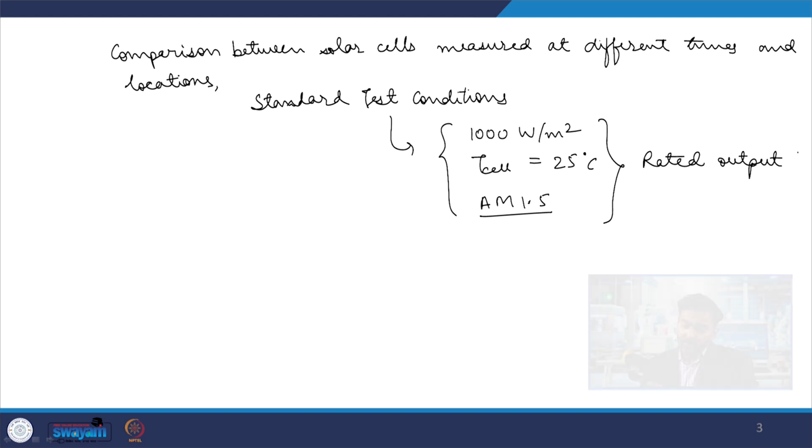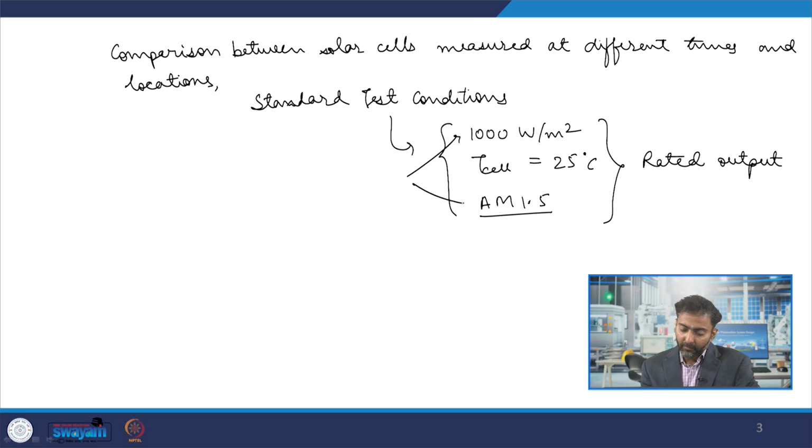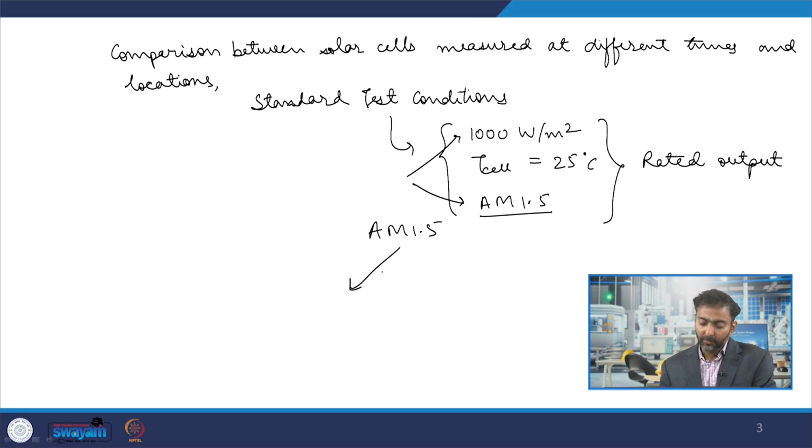Now, between these two, between 1000 watt per meter square and AM 1.5, again there is one linkage. To understand that linkage, we need to look at the spectrum once again and a little bit in more detail. Just in the previous slide we talked about AM 1.5, but then there are further classifications of this AM 1.5 as well. Suppose someone takes all the radiation into account, the direct radiation and the diffused radiation, everything into account, then they would get the spectrum known as AM 1.5G or global.